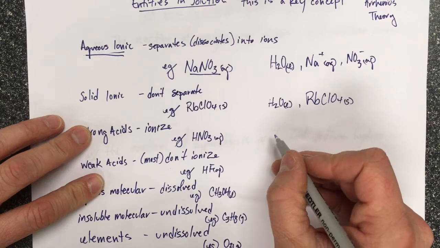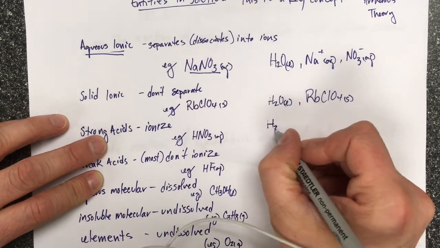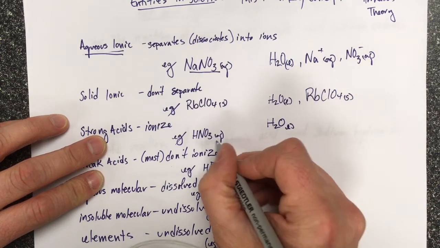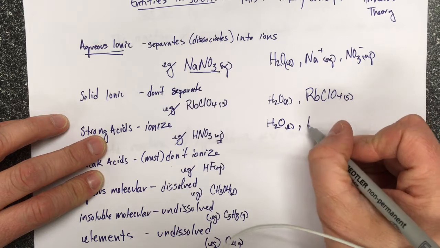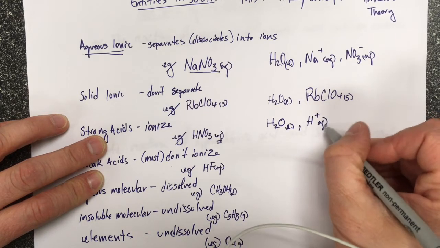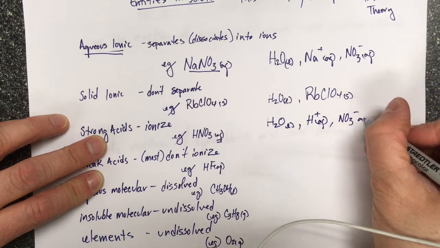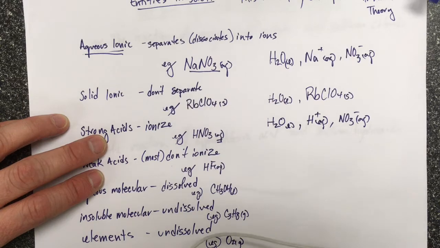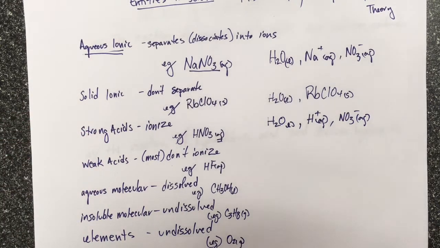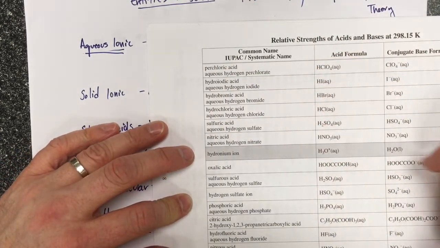Now, strong acids, Arrhenius describes strong acids as particles that when they're put in water, so they're aqueous, then most of them will break into hydrogen ions or ionize, and then you'll have nitrate ions. And so we have 6 strong acids that in Chem 30 are listed in your data booklet on the acid page, and these are our 6 strong acids here.